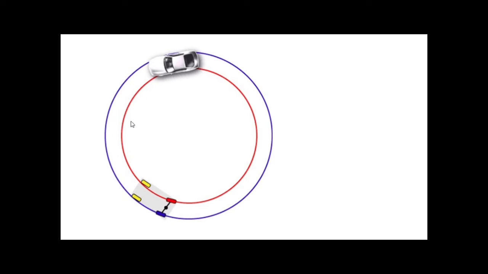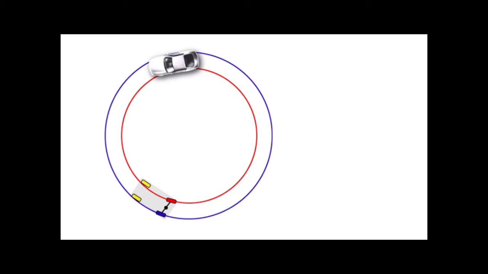When we're going around, in this case a roundabout, the inside wheel will travel a shorter distance than the outside wheel. So by definition, these wheels are going to be moving at different speeds. And if you remember, I said that the computer or the ECU won't take any notice of wheel speeds that are within a 30% tolerance.